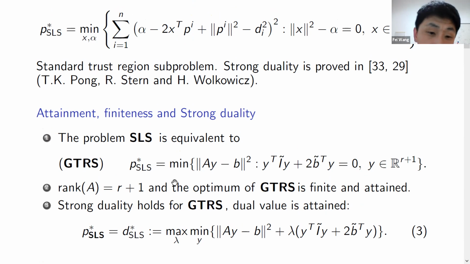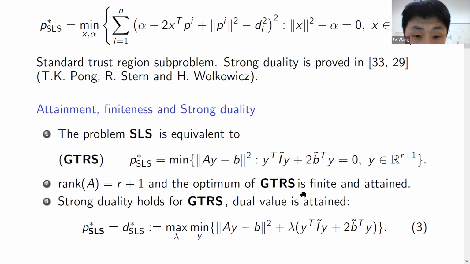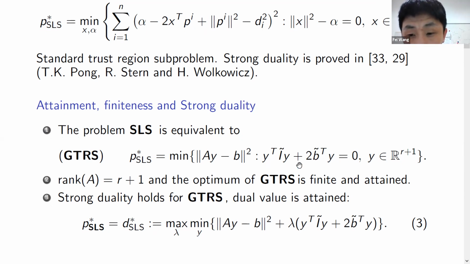The problem is that although the optimal value of GTRS is finite and attained and can be computed by its SDP reformulation, the optimal solution may not be rank 1. So we have a purification algorithm to reduce the rank and get the rank 1 optimal solution of the SDP problem.